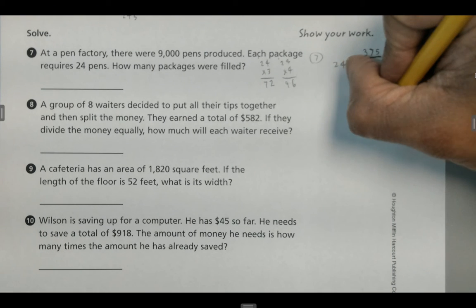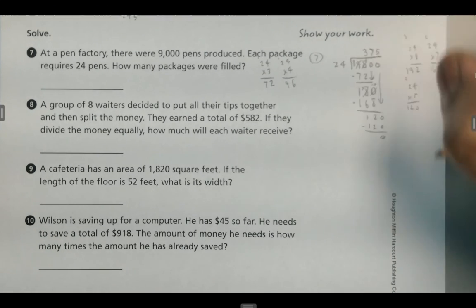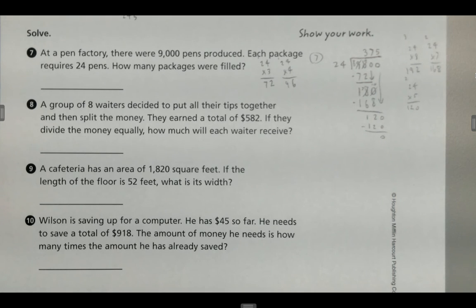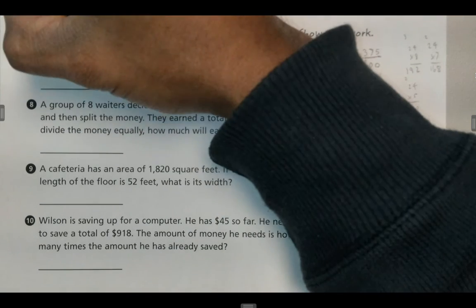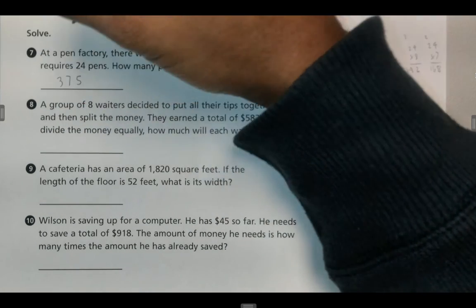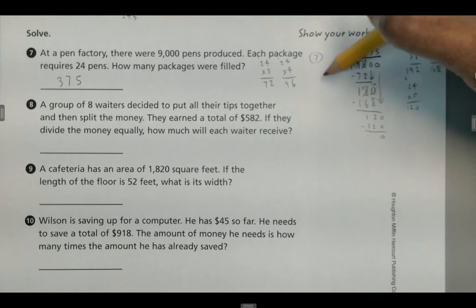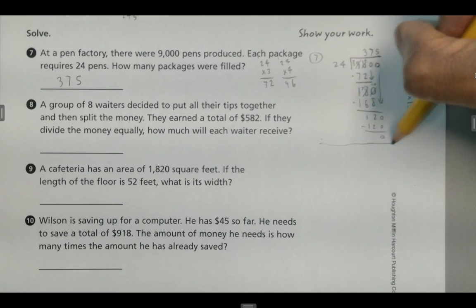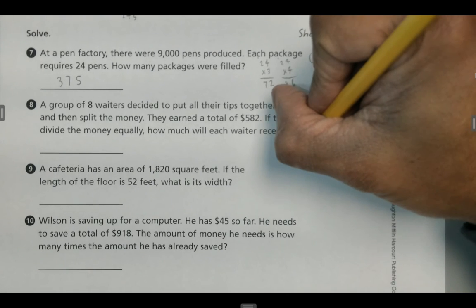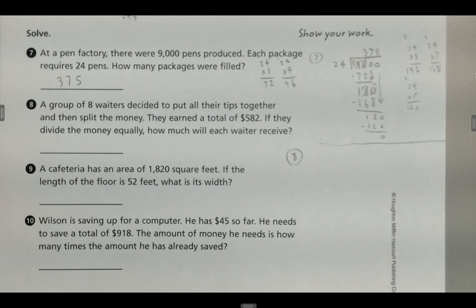Told you I had a good feeling about it. No remainder, nothing left to bring down. We have our answer. 375 packages got filled. Okay. I'm going to put a line here, put a place for our work for the next problem.